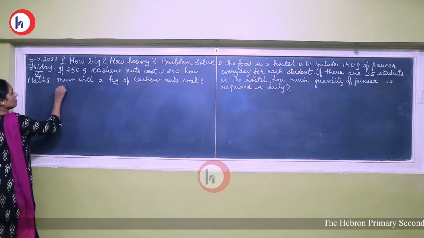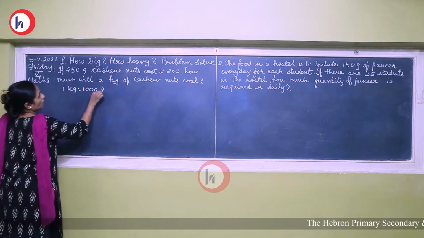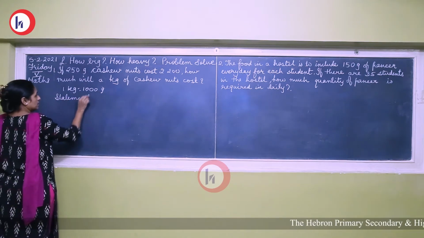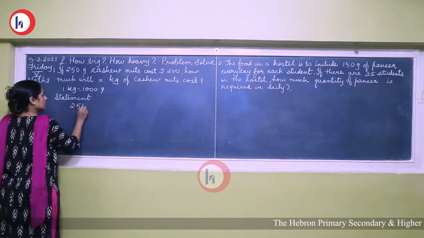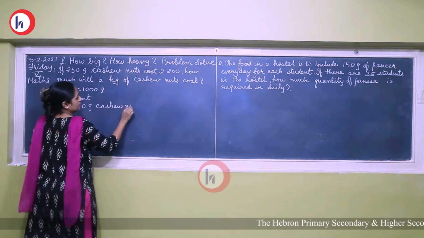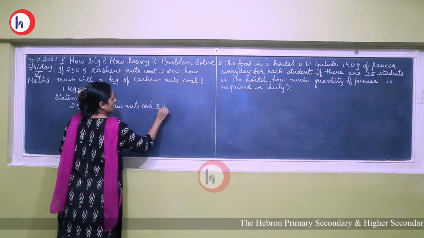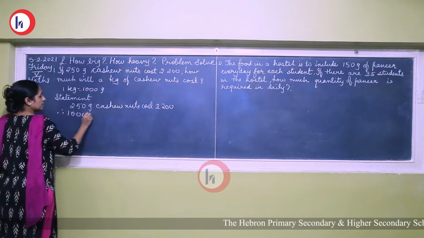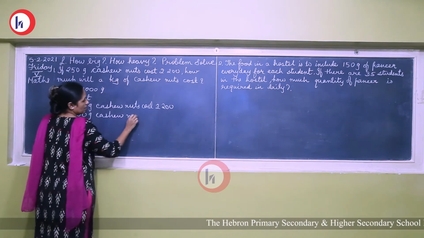Here, first of all, write 1 kilogram is equal to 1000 gram. Okay. Then write a statement. 250 gram. So 1000 gram cashew nuts cost question mark.